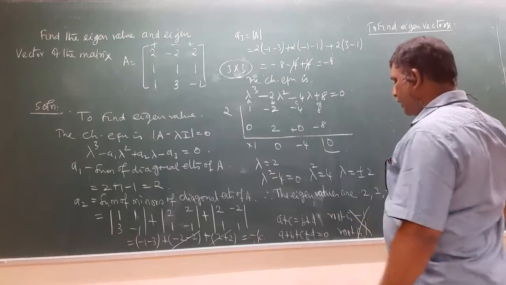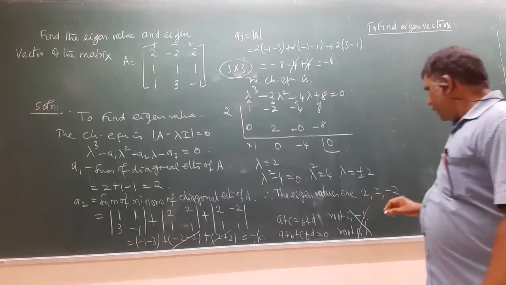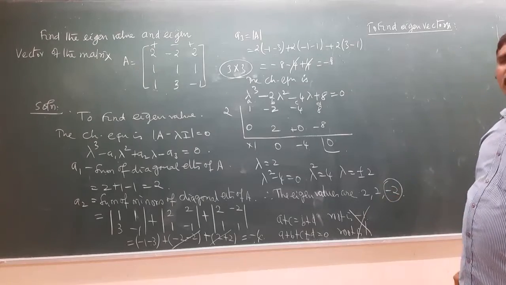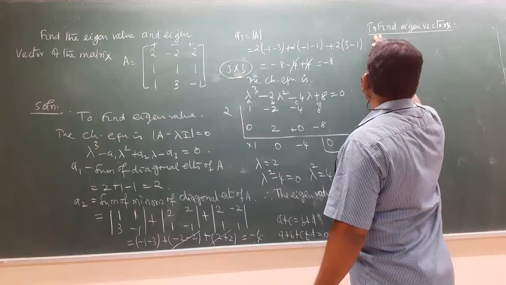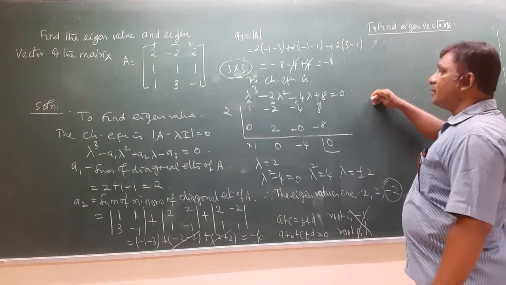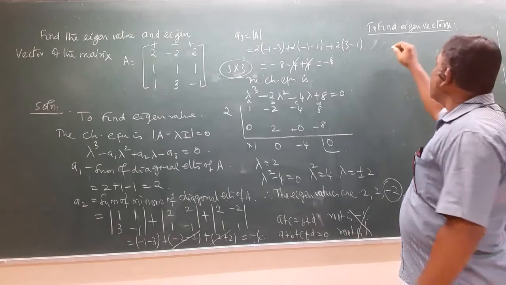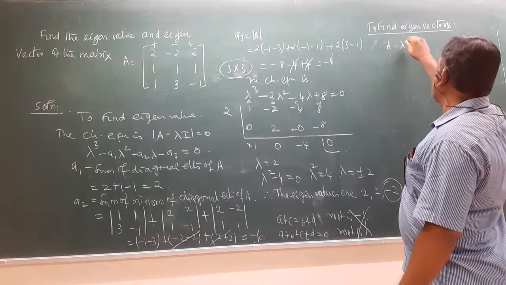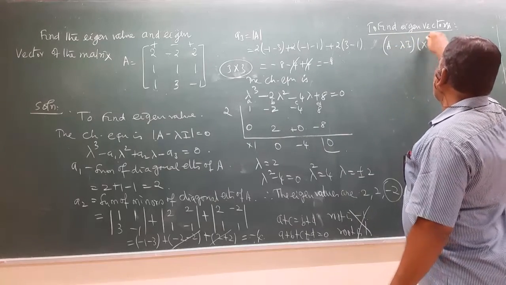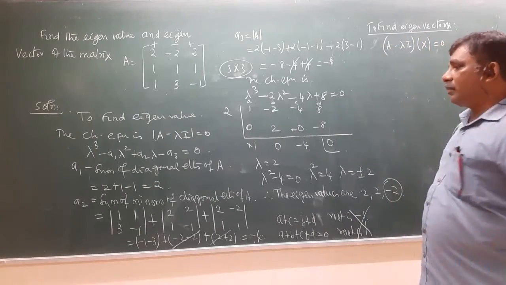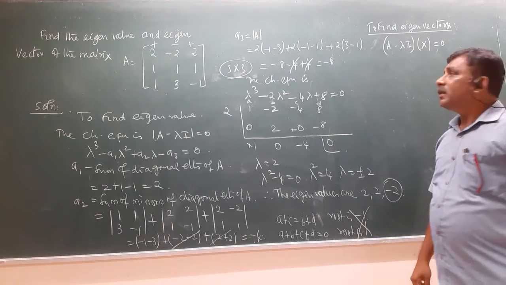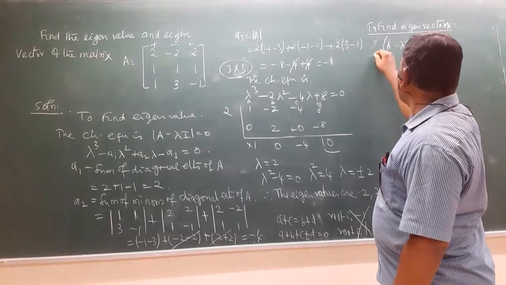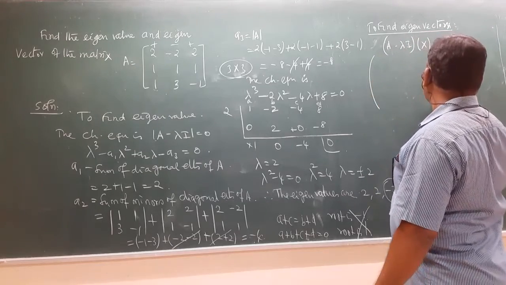To find eigenvectors, first we take the distinct value minus 2, that is lambda equal to minus 2. To find the eigenvector, first we have to write the system of equations (A minus lambda I) x equal to 0.